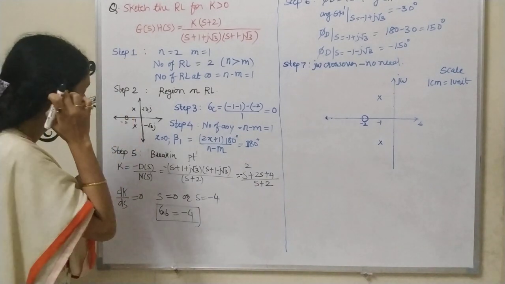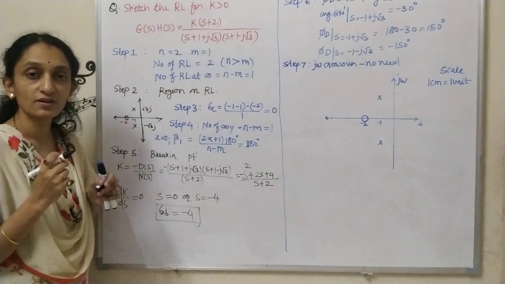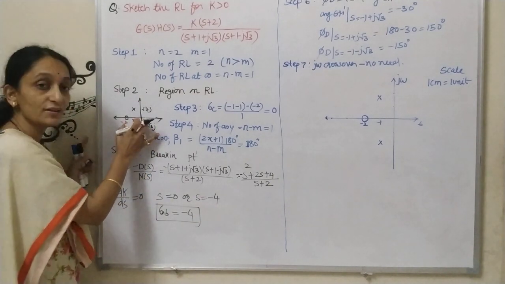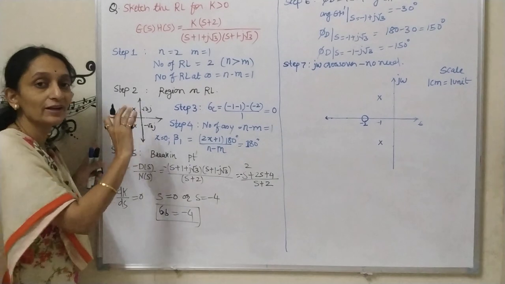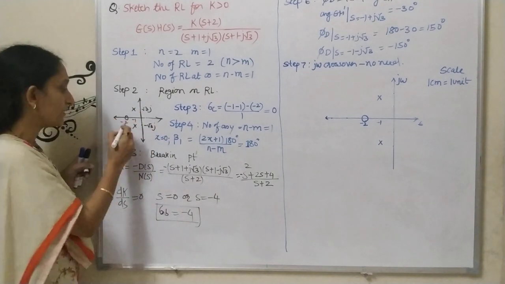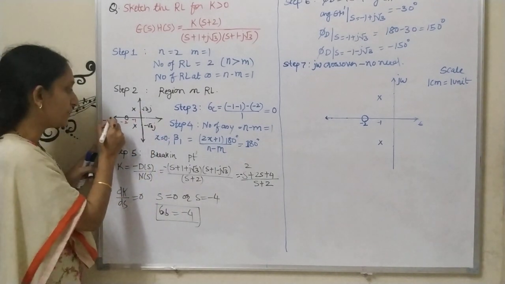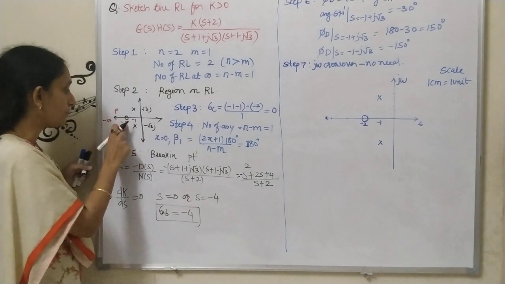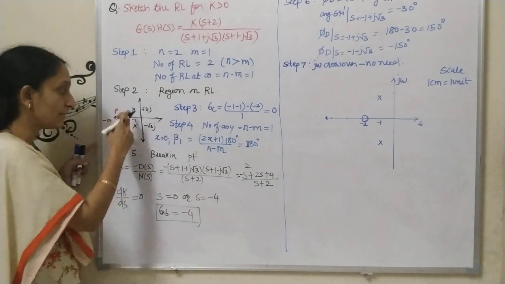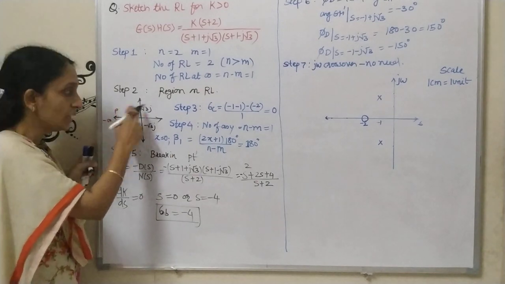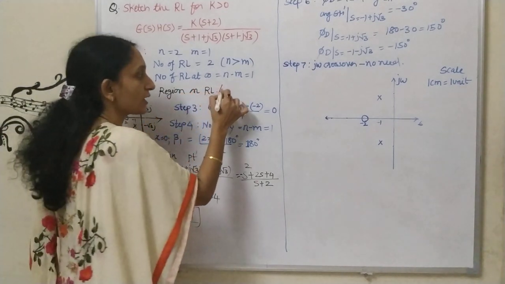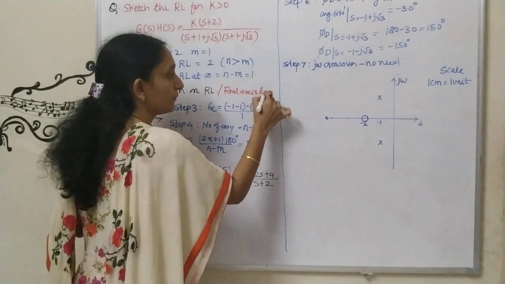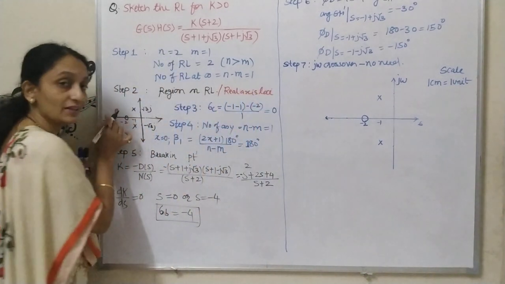Then I need to calculate the region on root locus. From 0 to minus 2, no real poles and zeros are there. So I will start with minus 2 to minus infinity. I will consider the point P here. I am not considering the complex poles because this is the region on the real axis loci, so we are calculating only the real part.